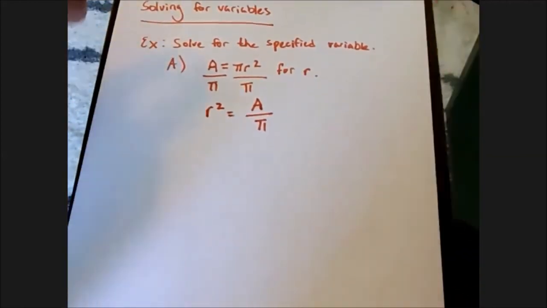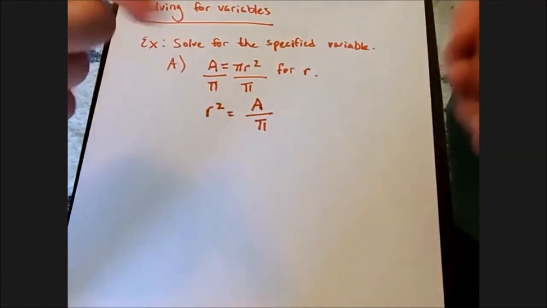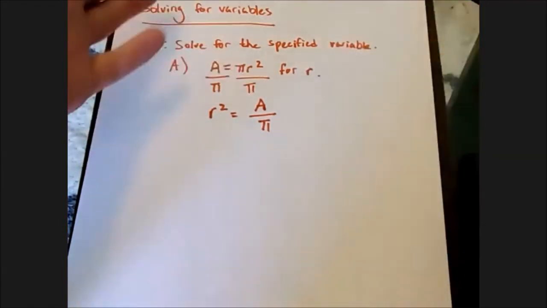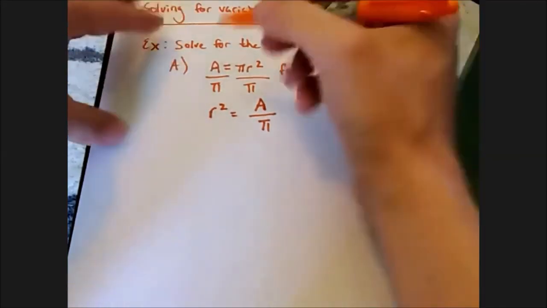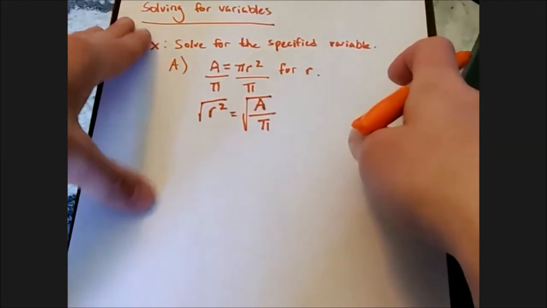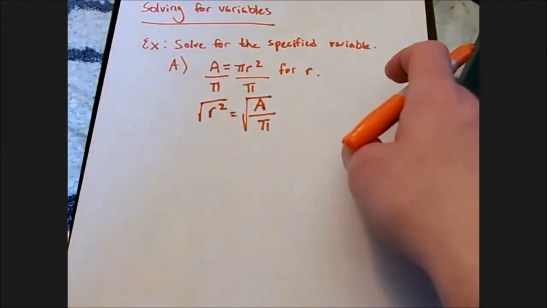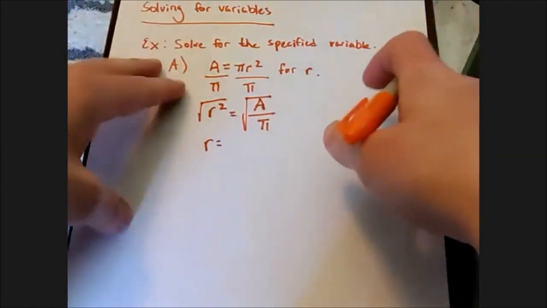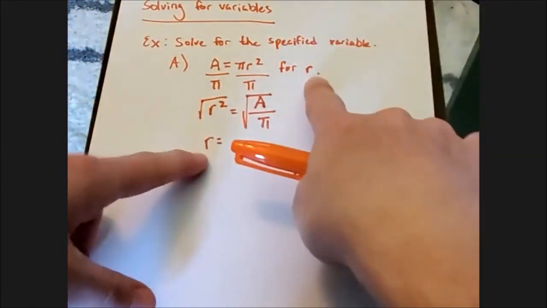And then this is where the quote unquote new stuff comes in. How do we get r by itself now? Well, it's squared, so how do we undo a square? We're going to use a square root of both sides. The square root of r squared is just r, which is exactly what we want.